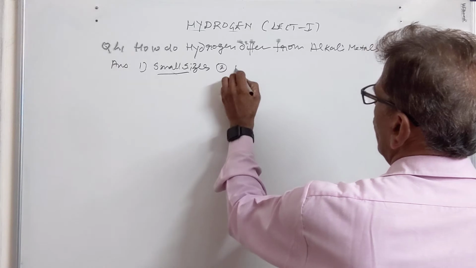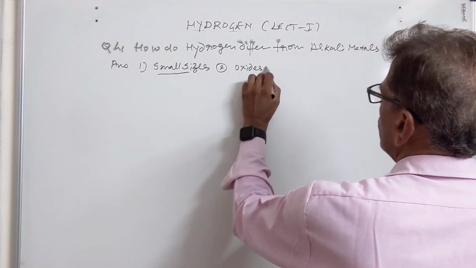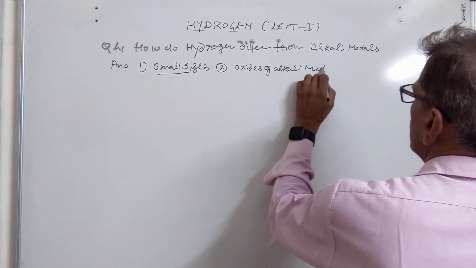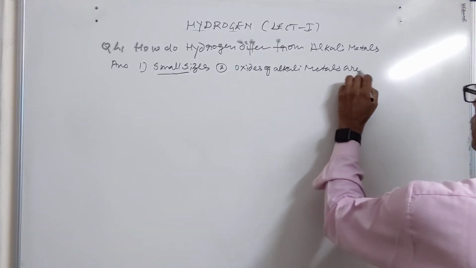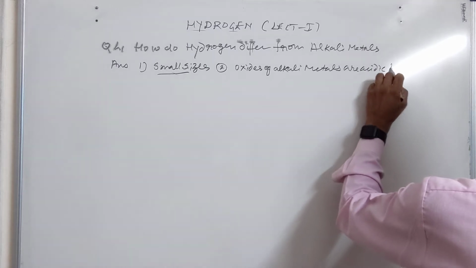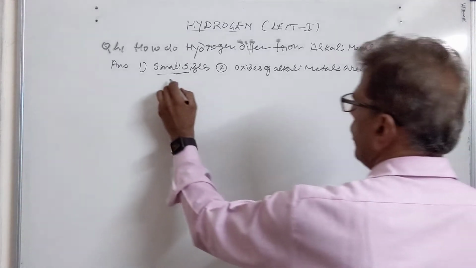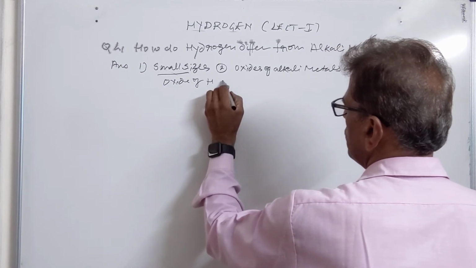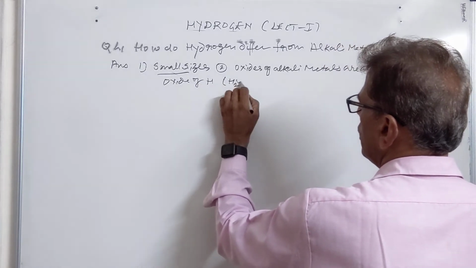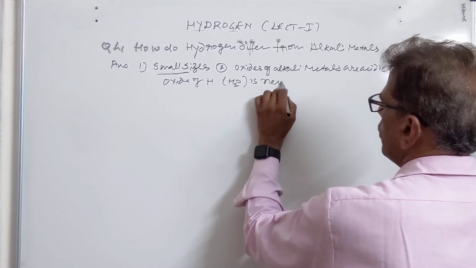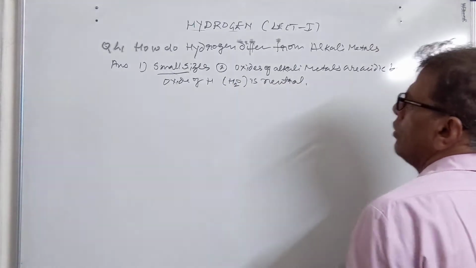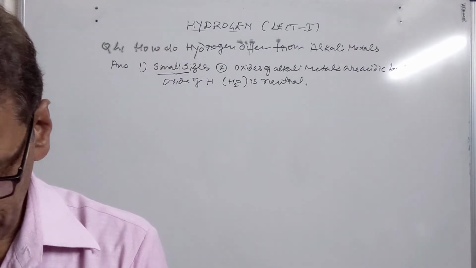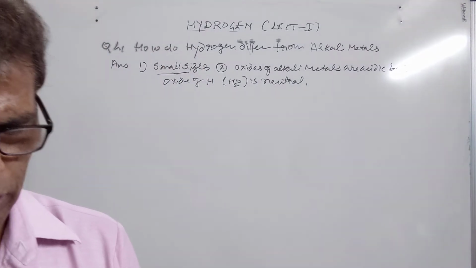Second, oxides of alkali metals are basic, but the oxide of hydrogen, that is water, is neutral. So the oxide, water, is neutral in nature. Then we come to the third property.